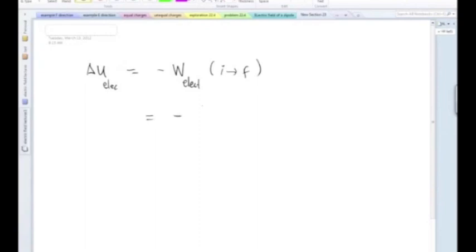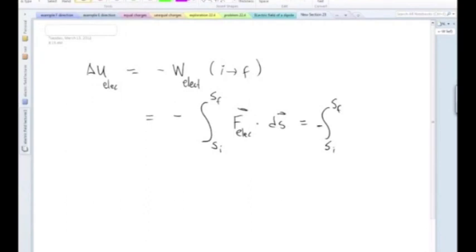This is the negative of the integral of the force, the electric force acting on that charge, dot product with the displacement vector. The displacement vector points along the path that the particle followed. Right? So this is going to be equal to the integral between Si and Sf. Should not be forgetting the minus sign out here.